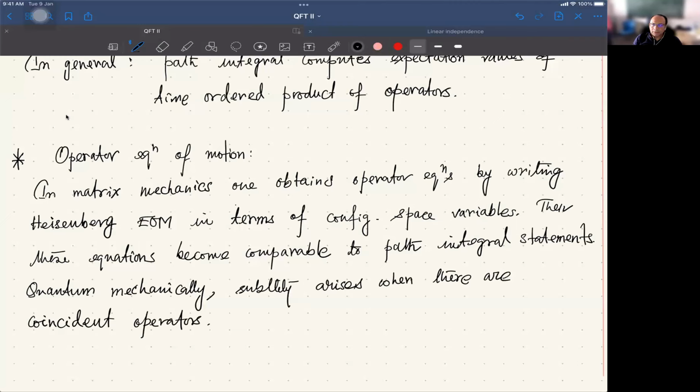All these results should be in agreement in both the frameworks.